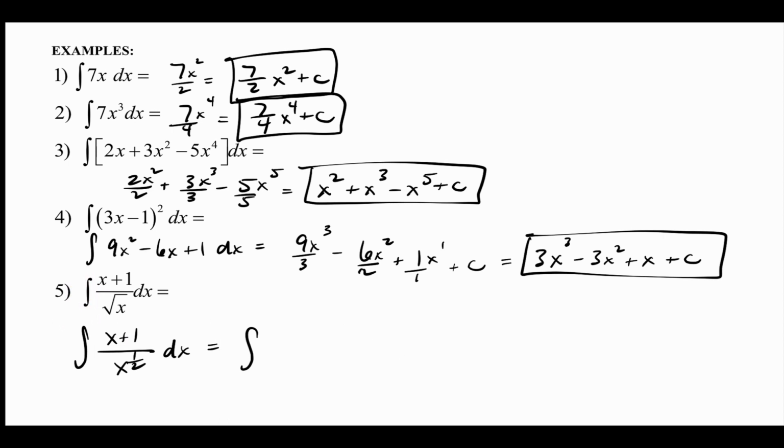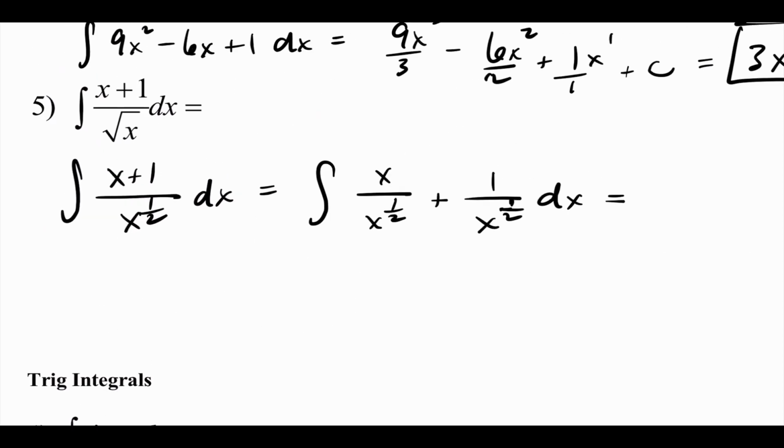The way I was thinking is divide. The top is a binomial, x plus 1. The bottom is a monomial. So divide each of the binomial terms by that. X and 1 are both being divided by x to the 1/2.